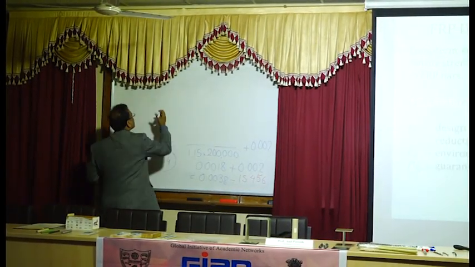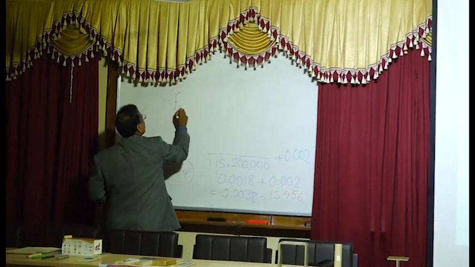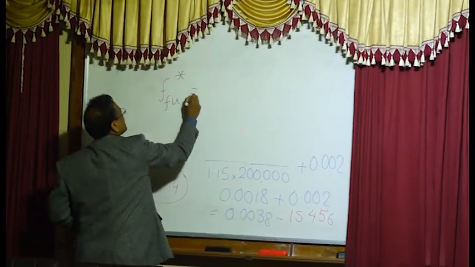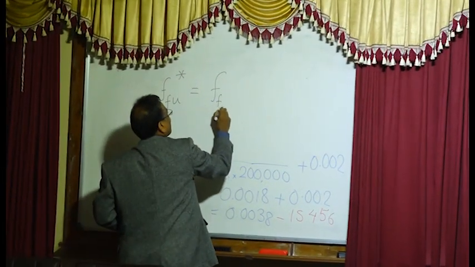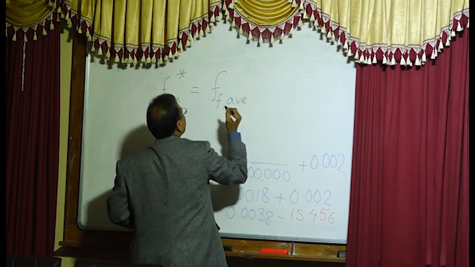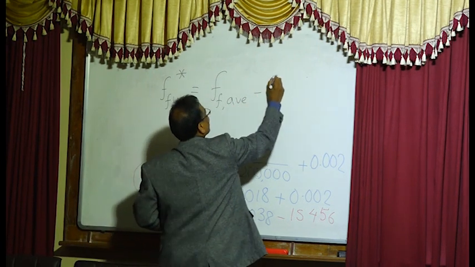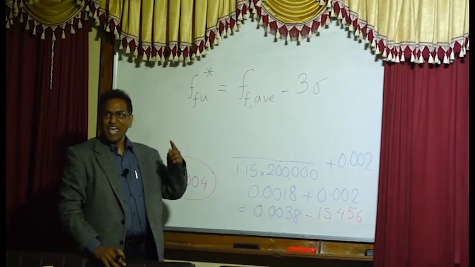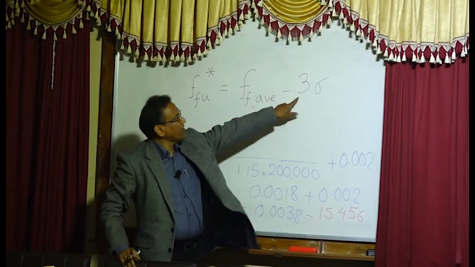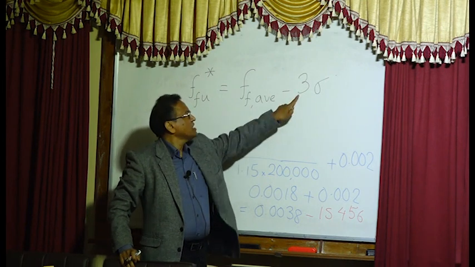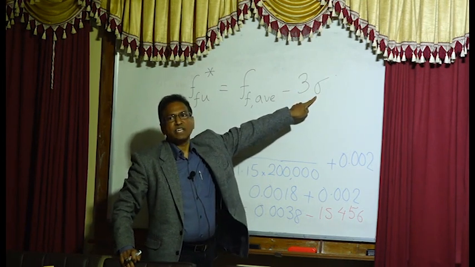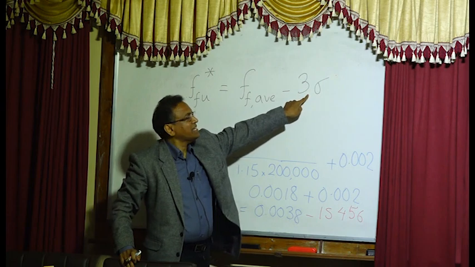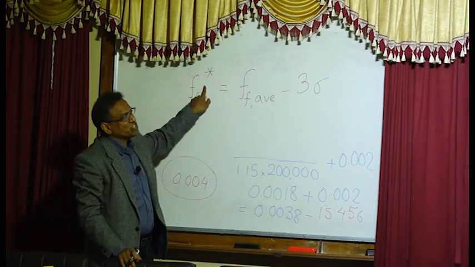So guaranteed tensile strength, let's say f_u star, is equal to the average strength, f_f average, minus 3 sigma. So any average strength you get, you deduct 3 times the standard deviation for that set of tests, and that's your guaranteed strength.